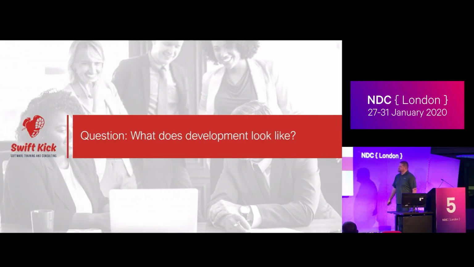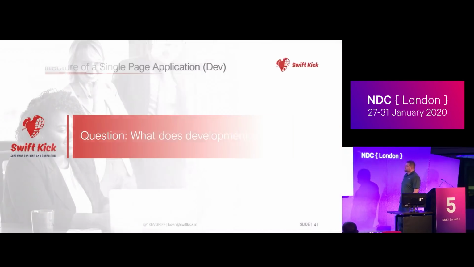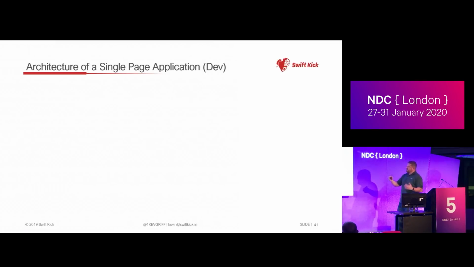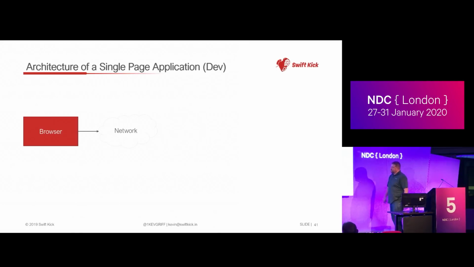What does the development process look like? So we have our scaffold. We know how to use our command line. What does our process of pulling in our single page application and our .NET Core app look like, assuming we're doing some sort of data access? We have our browser, we have some network, this might be local.